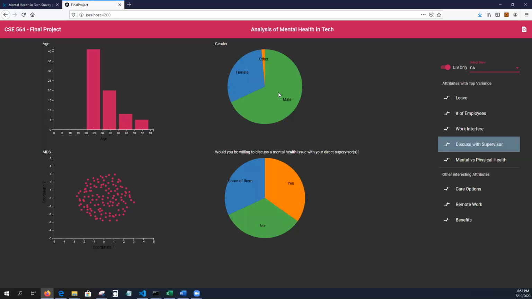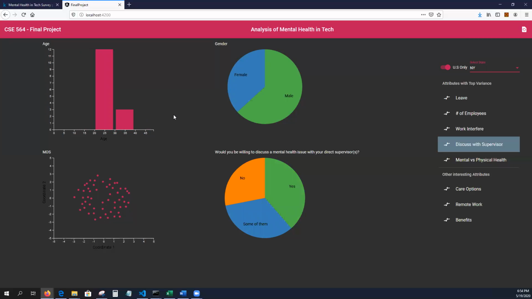Like for California, you can see the age group with which people generally go through a lot of mental health difficulties, versus say we pick New York. In New York, not a lot of younger people, and not a lot of older people, definitely go through too many difficulties. It's mainly in their mid 20s to 30s.